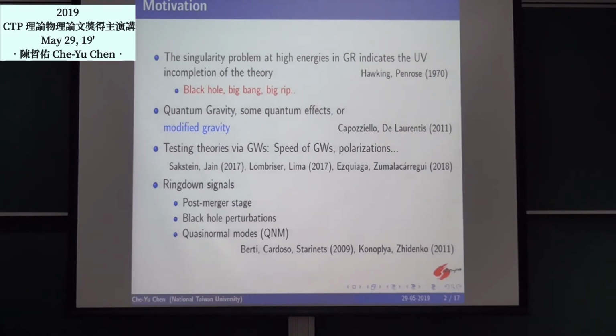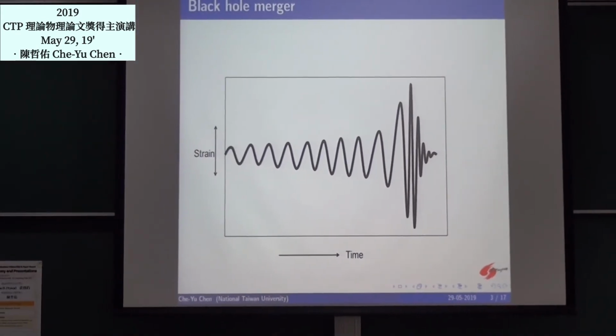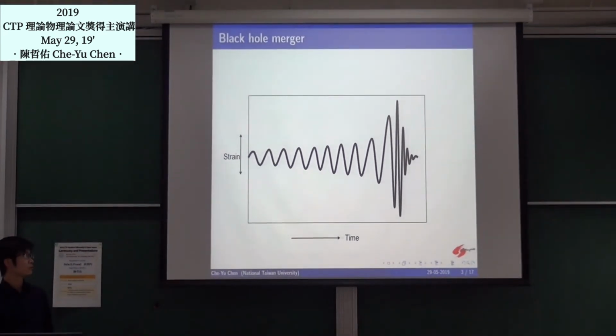The ring-down signal corresponds to the post-merger stage of an event, and it can be described by black hole perturbation theory, and it is characterized by the quasi-normal modes. I will explain here. This is the schematic plot of the gravitational wave signal that we have during a merger event.